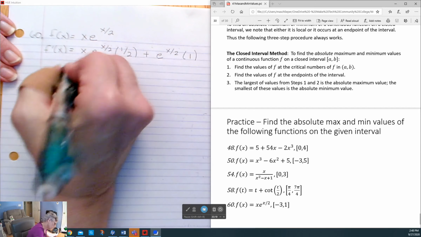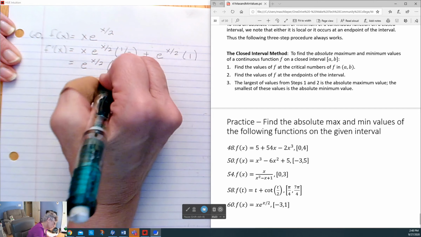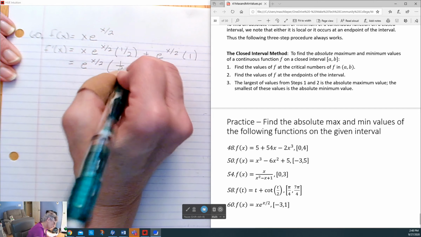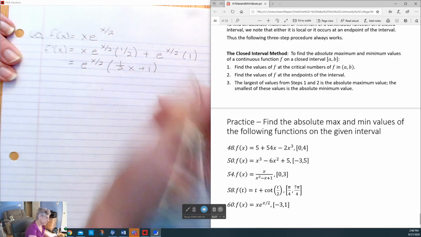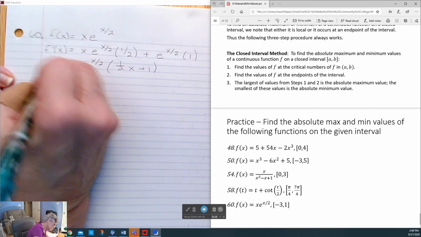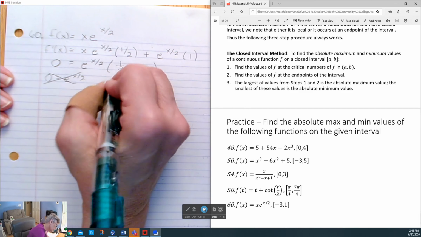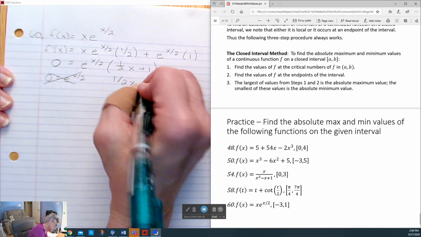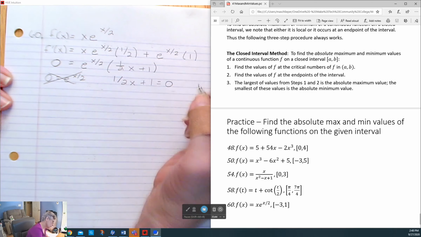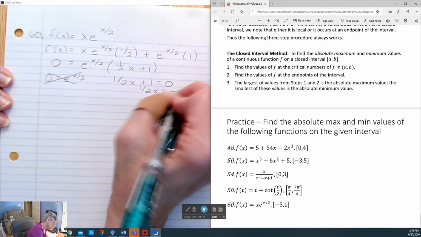Not so bad. Factor out e to the x over 2, I'm left with half of x plus 1. Set it equal to 0. E to the x over 2 will never equal 0.